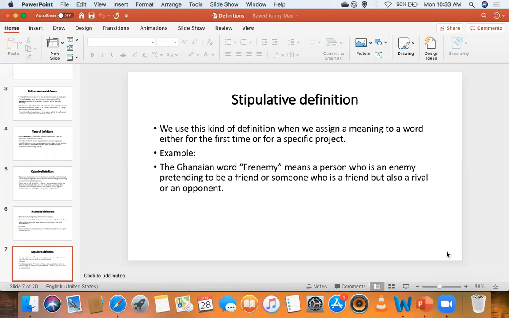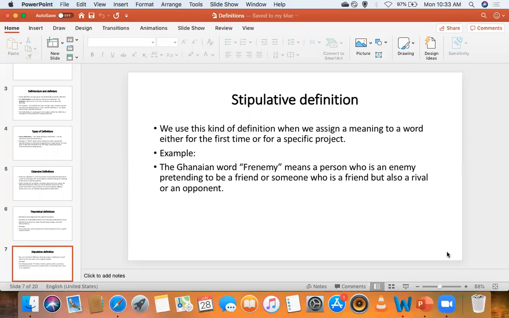So people somewhere around the world decided to stipulate a word, a definition for that kind of person. So that's what a stipulative definition means. It's a definition we assign to something either for the first time or for a specific project.